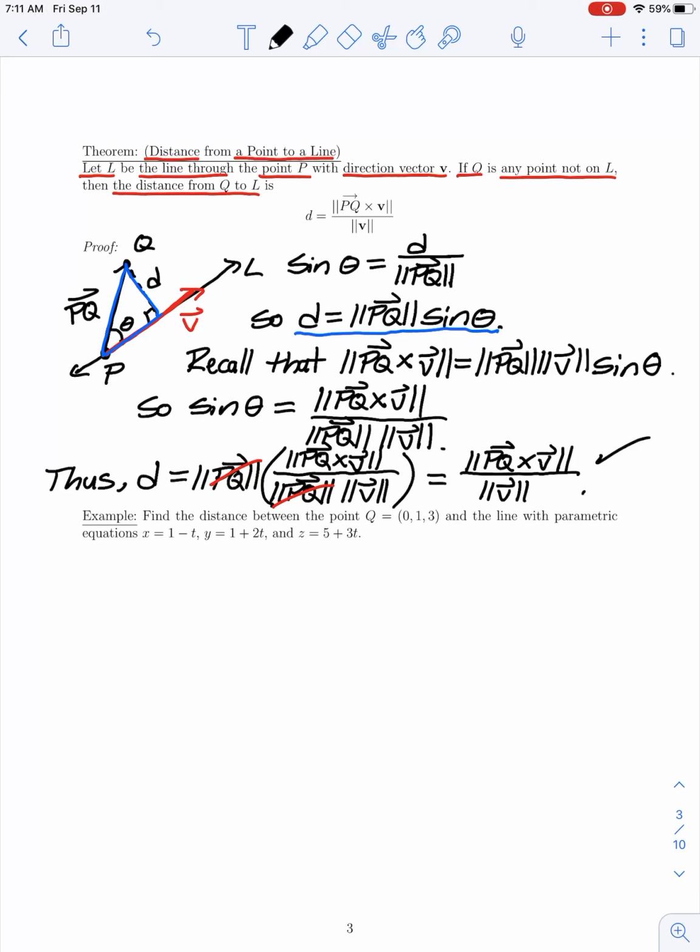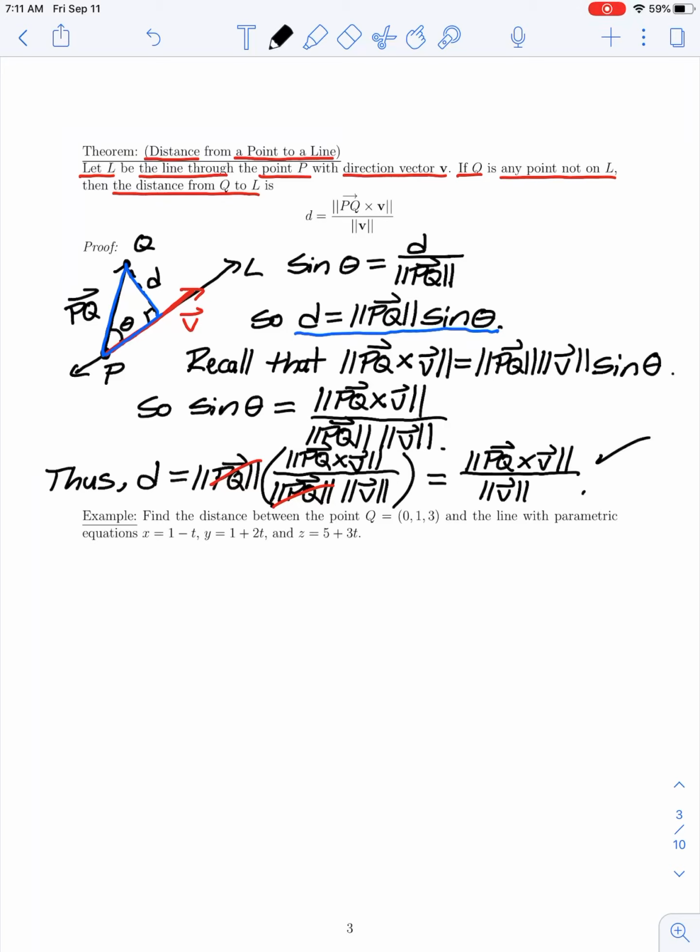So now that we have this formula for the distance from a point to a line, let's look at an example of this. We're asked here to find the distance between the point Q, which was (0, 1, 3), and the line with parametric equations x, y, and z given there. So there's a couple of things I need to apply this formula.